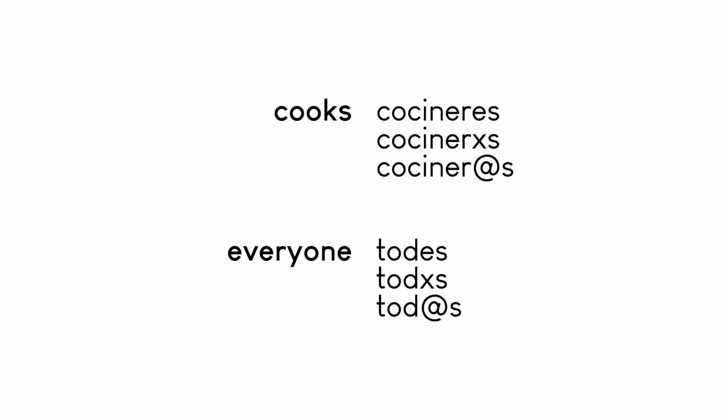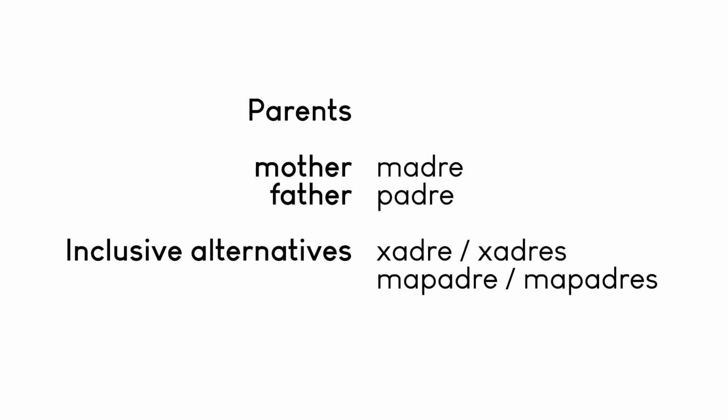Another thing to have in mind is that while it's still pronounced like an E, many people write inclusive words with an X or an at symbol. Remember, if you have to read this out loud, just use an E. Finally, there are a few gender words that cannot simply be changed with an E, like mother and father. But there are already some inclusive options being used, like madre or padre.